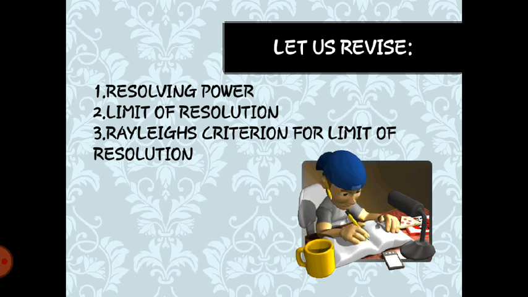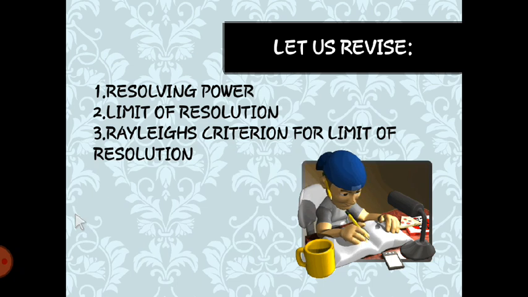According to this, two objects are just resolved when the first minimum of the diffraction pattern of one source coincides with the central maximum of the other source. You have to just remember this. Just resolved means the first minimum of one source coincides with the central maximum of another source.